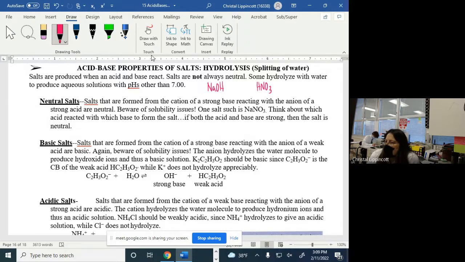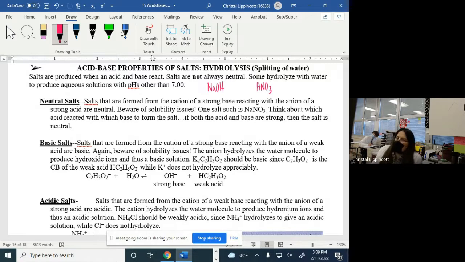So when these go into the water, they're not going to be changing or modifying what's happening with the water.